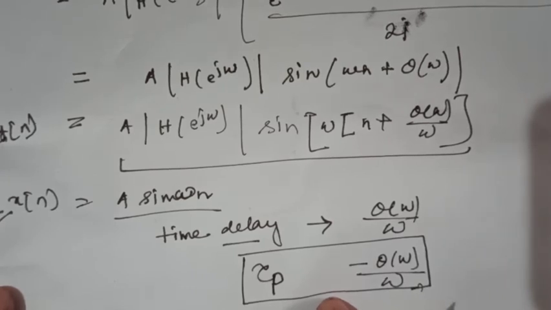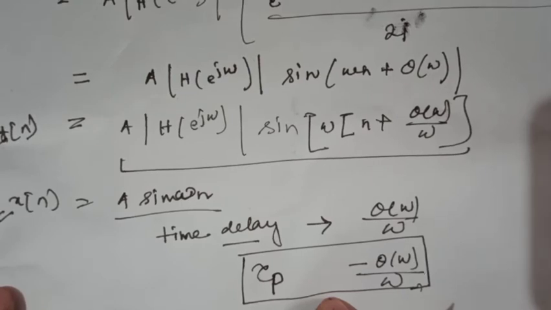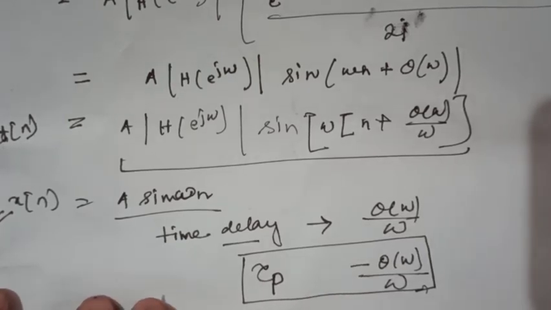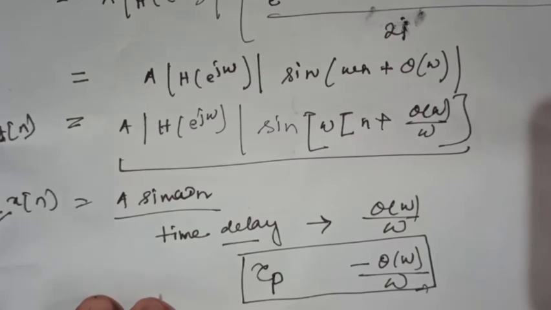When there is a different phase delay in the same system at the output, then it is better to represent this phase delay in terms of group delay.